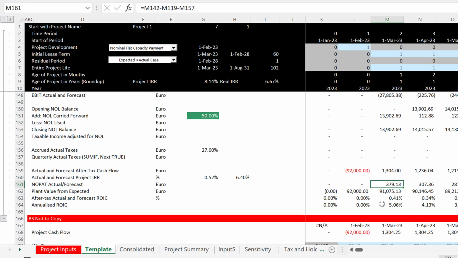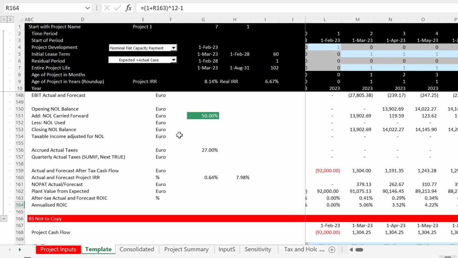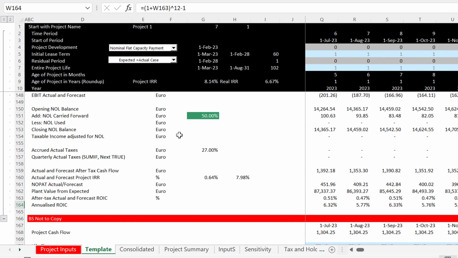The NOPAT is the EBITDA minus the economic depreciation minus the taxes. We can call that economic NOPAT. Then you can get the value of the asset and get the month-by-month ROIC, and raise it to the 12th power minus 1 to get it on a period-by-period basis. Then you can look at your performance at a period-by-period level.